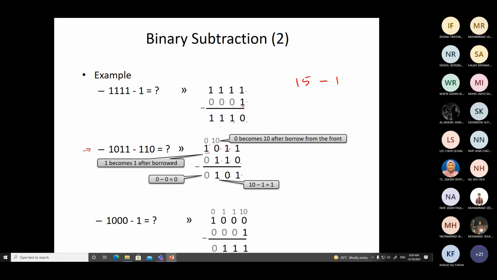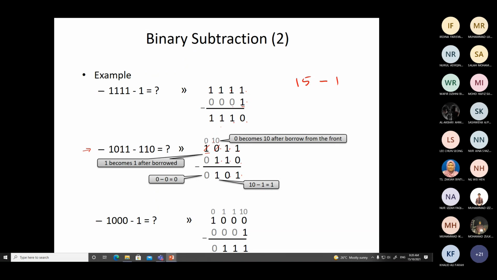That 1 will be cancelled out and become 0, and the digit that is borrowing becomes 10. So 0 becomes 10 after borrowing from the front.